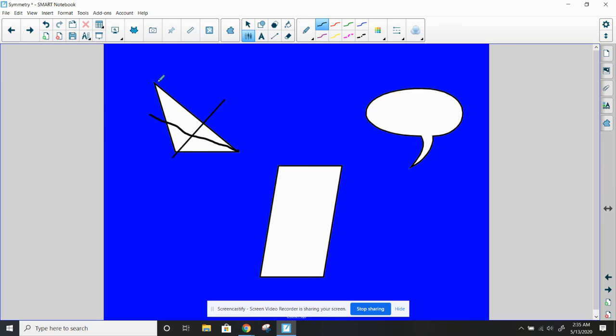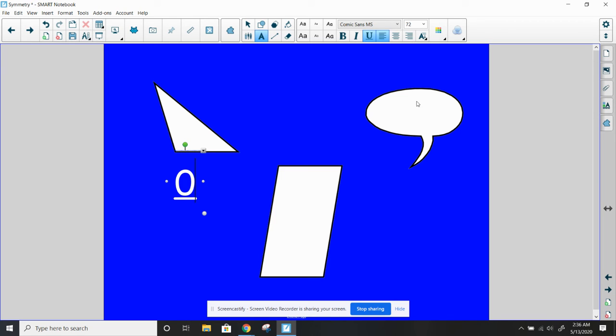It's not going to meet this. If I take this and pull it straight across this line, it's going to go over here. That's not going to work. Nope. This scalene triangle, because no sides are the same, has zero lines of symmetry.